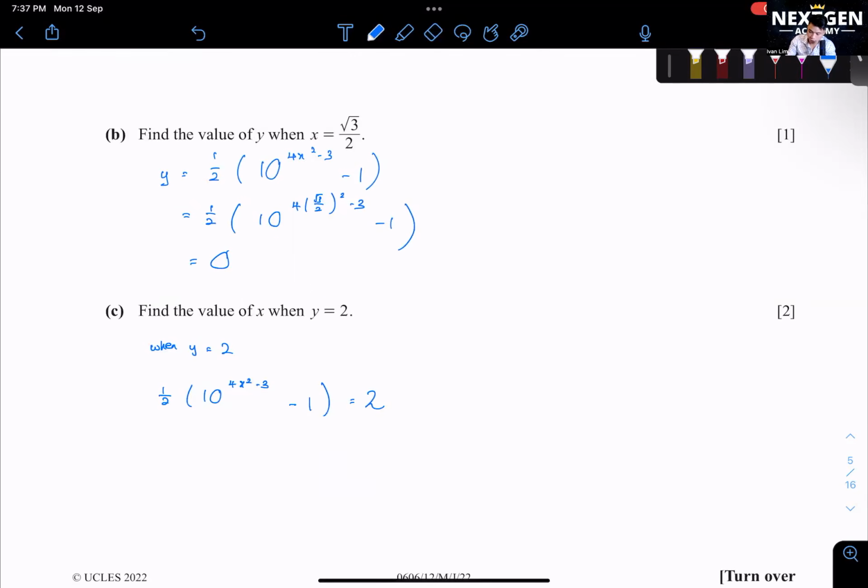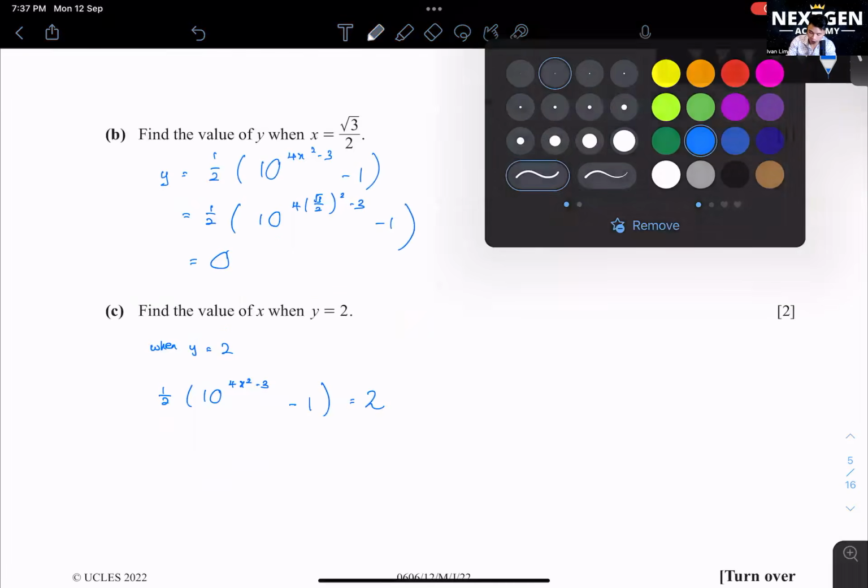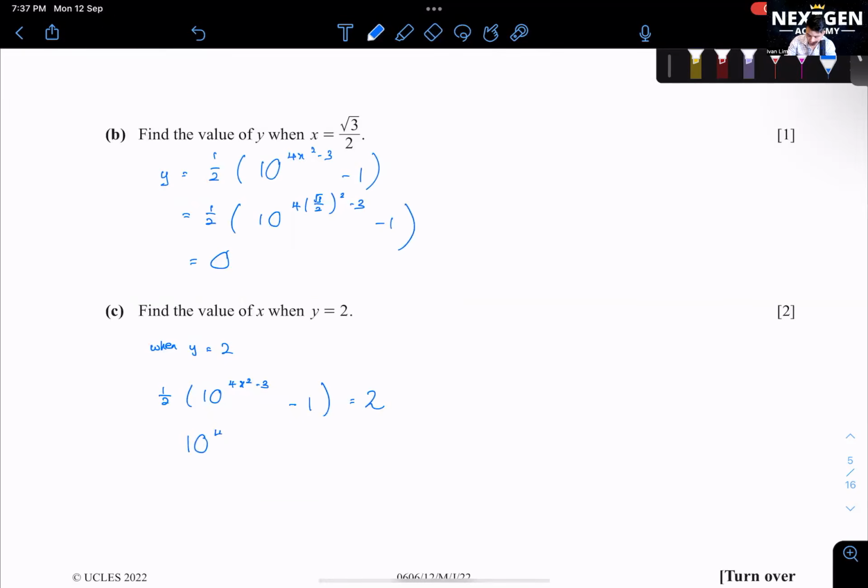So what do I want to do? Multiply the whole equation by 2. Then it'll be 10 to the power of 4x squared minus 3 minus 1 equals 4. Therefore, 10 to the power of 4x squared minus 3 equals 5.